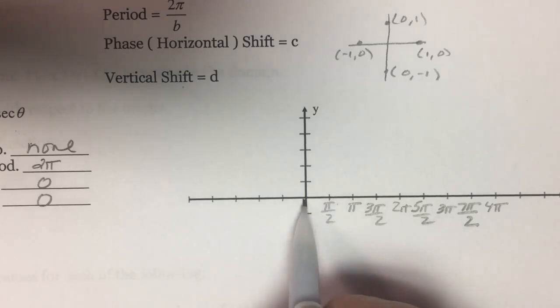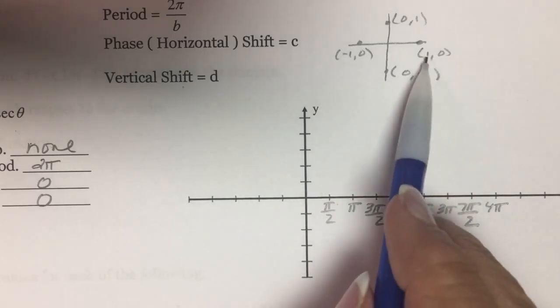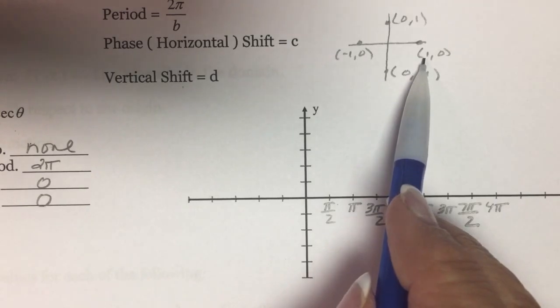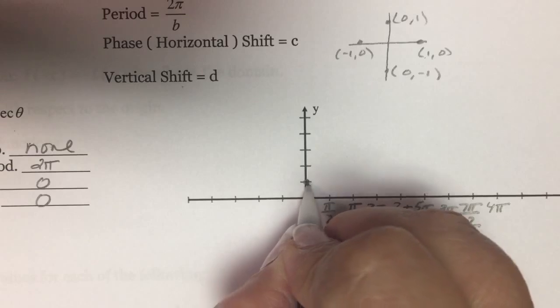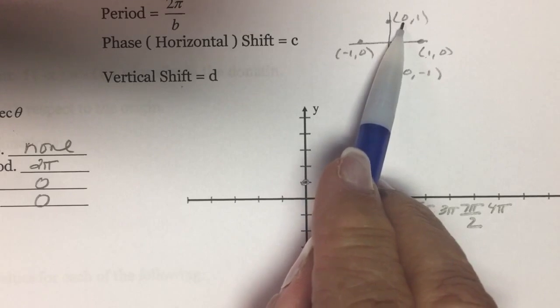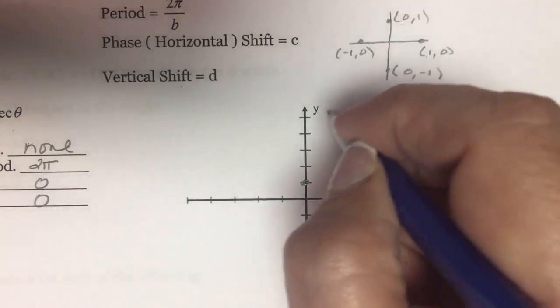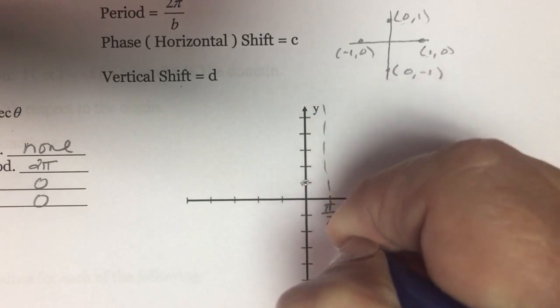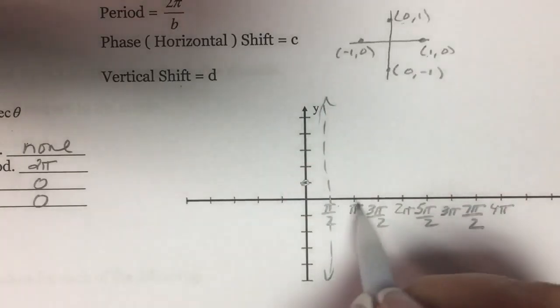Okay, so if we look at 0 here, the cosine of 0 is 1, which means the reciprocal, or the secant, of 0 is also 1. So we have a point there. But as soon as I go to pi halves, the cosine is 0, which means the reciprocal is undefined. So there's where I have an asymptote.